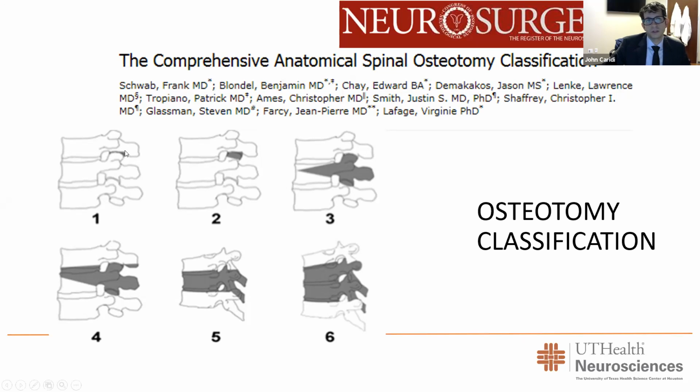Type 1 is an inferior facetectomy, type 2 is a Ponte or a Smith-Petersen, type 3 is a PSO, type 4 is an extended PSO through the disc above, type 5 is a VCR, type 6 is a multi-level VCR. Each one giving you increasing amounts of potential correction.